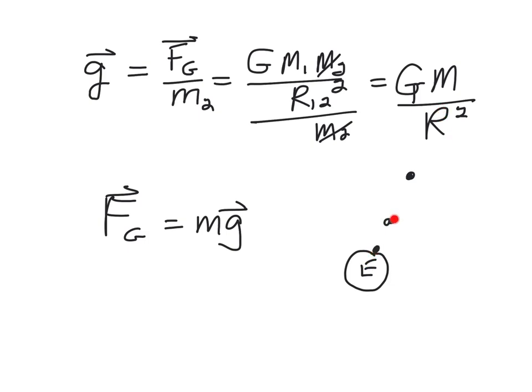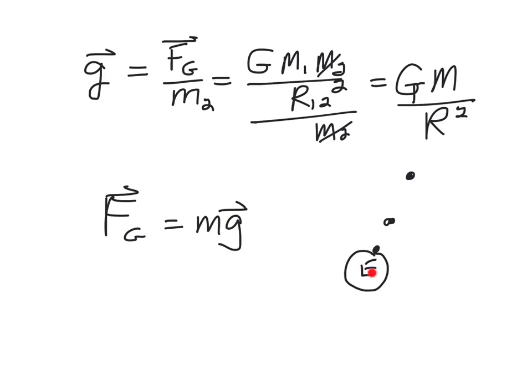But if we wanted to find g at a point some distance from the Earth, then we would use the same G, the mass of the Earth, but now the distance would be from the center of the Earth to this point. So we can use this equation to find the gravitational field strength at any point in space for any mass.